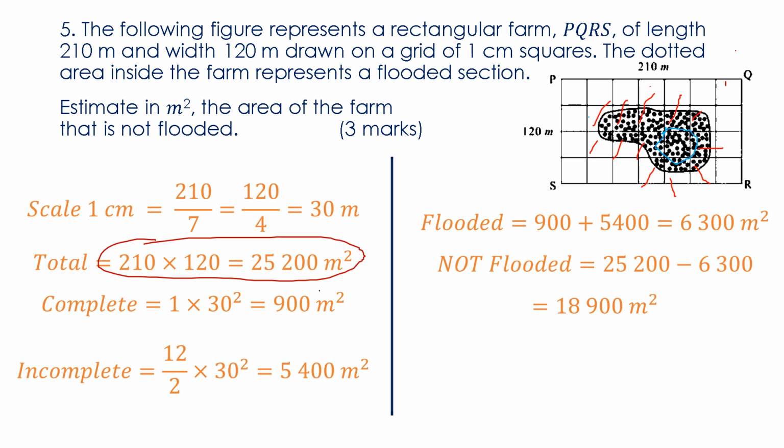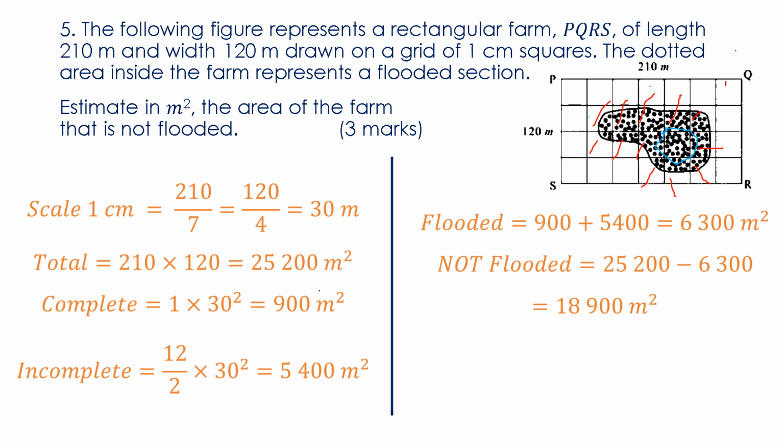In short, what we are to do here is get the scale, which is 1 centimeter representing 30 meters. Then because each is a square, each square will have an area of 30 squared, which is 900 square meters. Then we estimate the area of an irregular object on a grid.